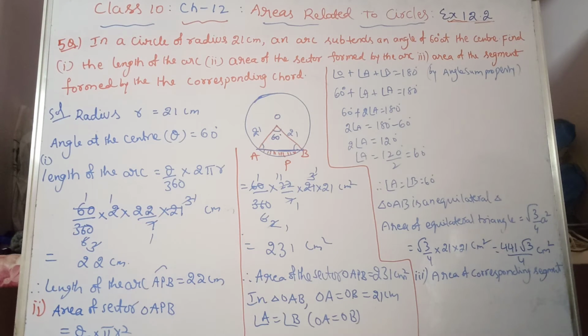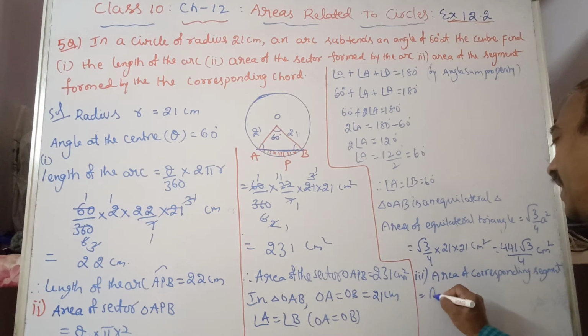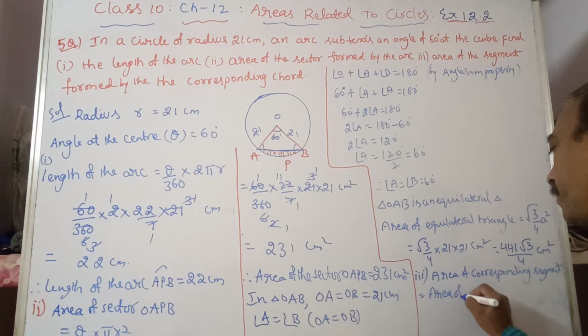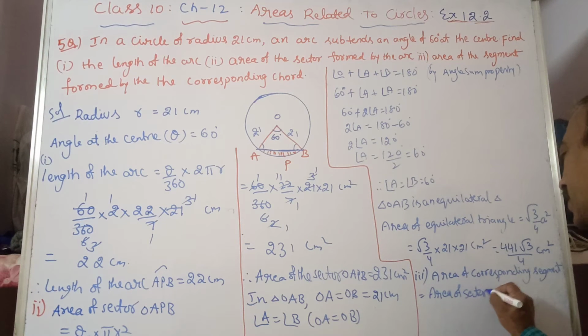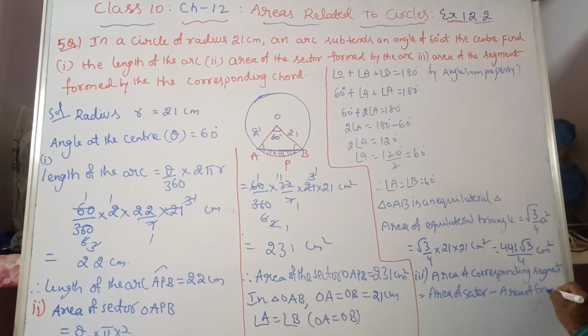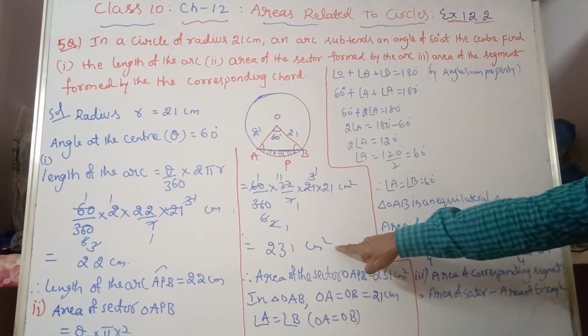Area of the corresponding segment is equal to area of the sector minus area of the triangle. We got the area of the sector just now, 231.